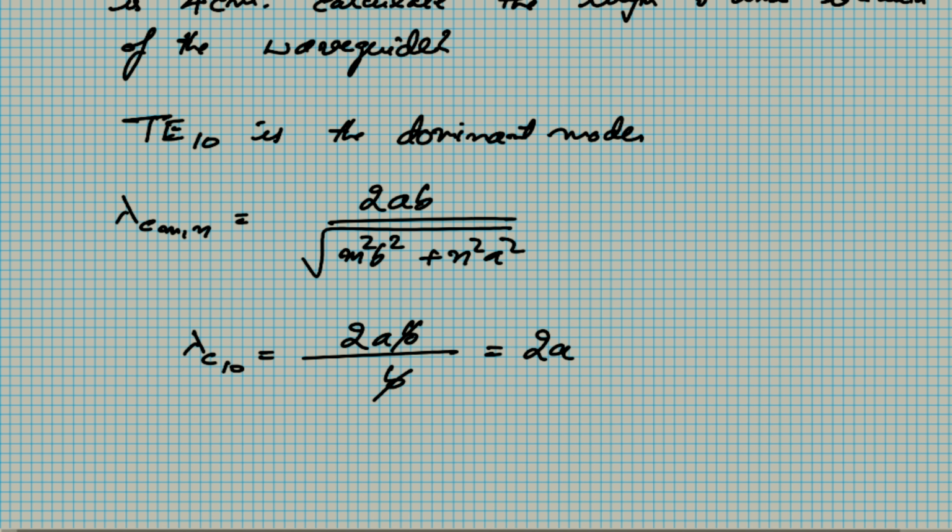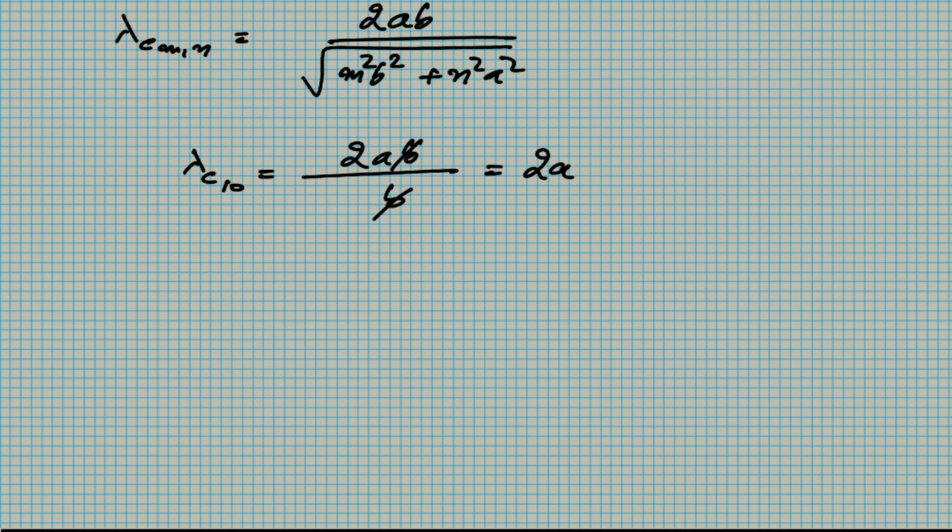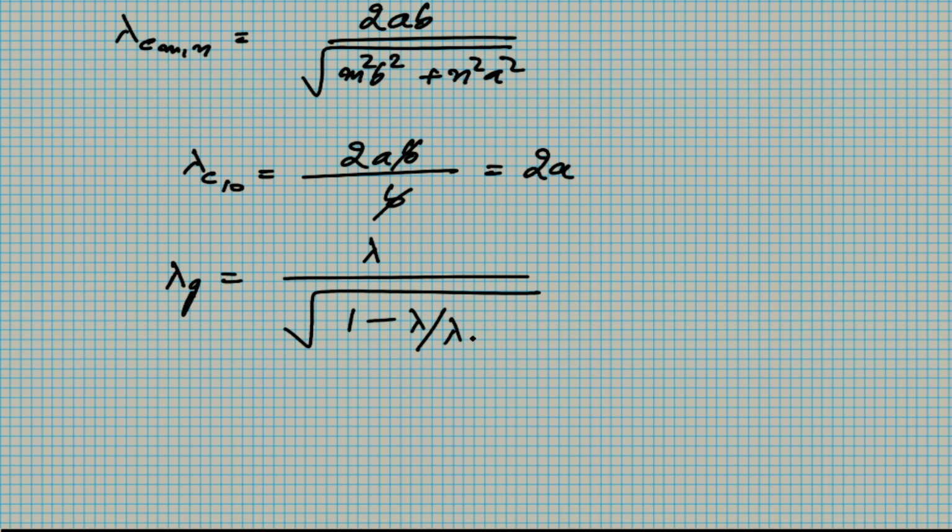Okay, so let's proceed further. I don't have a direct equation to calculate this lambda c, but I know that lambda g is given in the question. I can try to relate lambda g to lambda c: lambda g is lambda divided by root of 1 minus lambda by lambda c whole square.